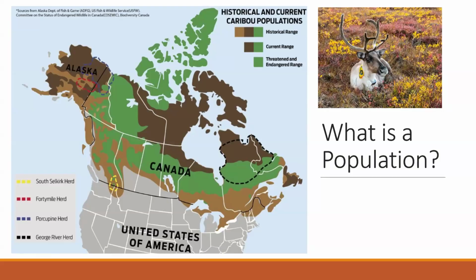Now, we can have populations that are close to one another, that most of the time stay separate, but then occasionally individuals will move from one population to the other. And those two populations that are close together and have some mixing will be more similar to one another than the ones that are further away and have less mixing.